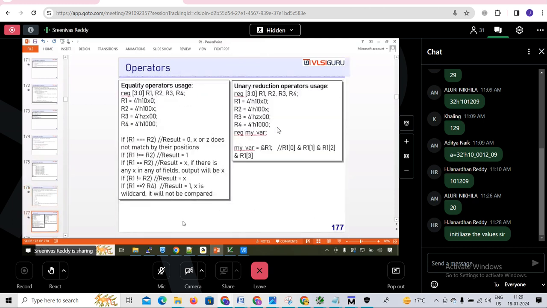Now, you know what equality operators are, right? You know unary reduction operators. These are not relevant for this situation.